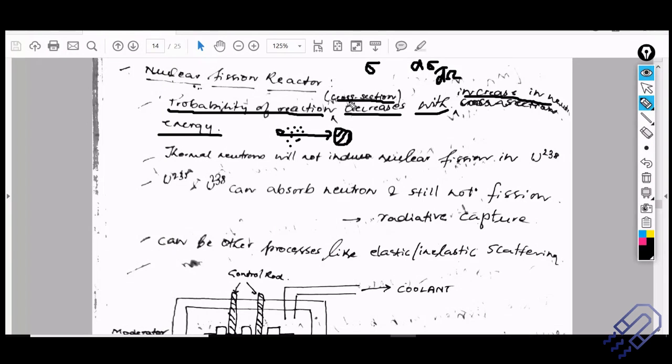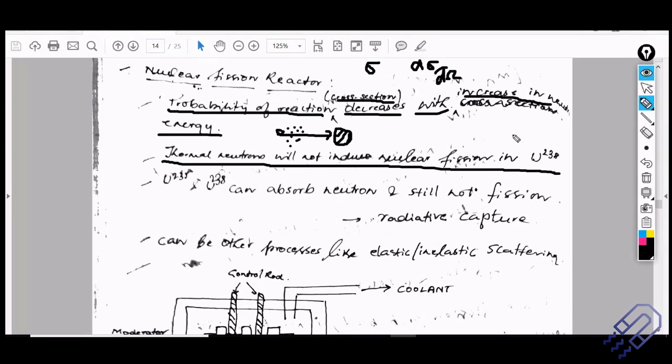So we basically have something which we call thermal neutrons, and these will not induce nuclear fission in uranium-238. You understand now, because the activation energy is high, so the chances of uranium-238, after becoming uranium-239, fissioning into two separate fragments are less.